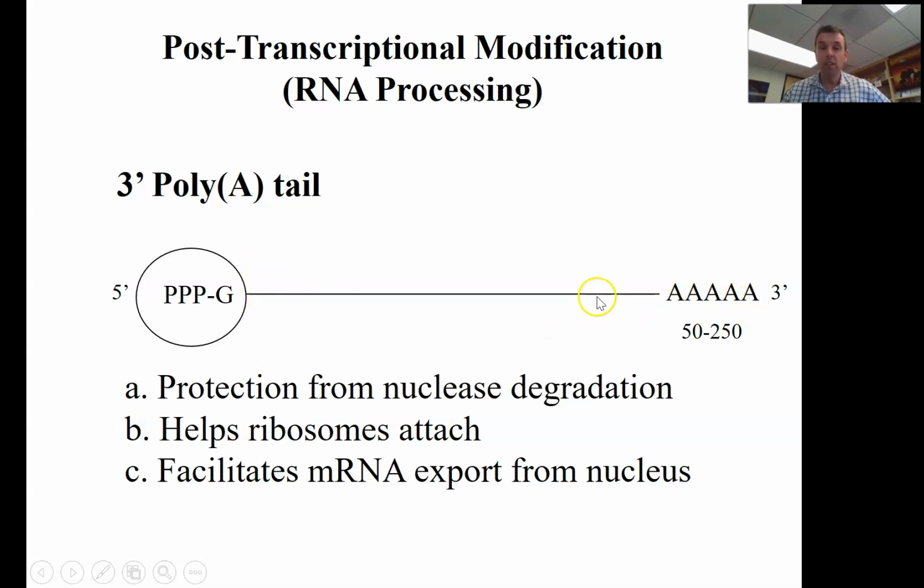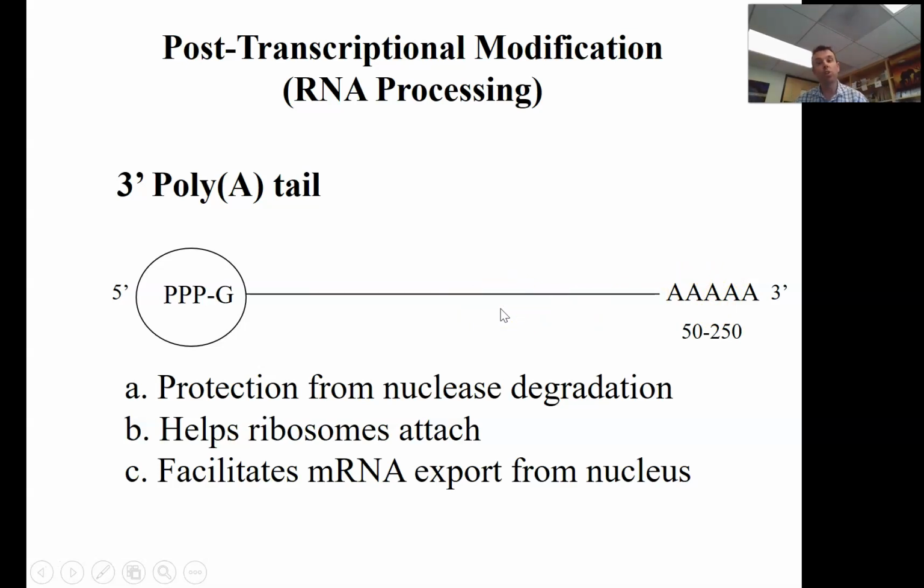This region here is the important region that has the code for our protein. So if we add this long poly-A tail, this long nonsense set of A's, we've basically given ourselves a huge buffer. It'll take quite a while for nucleases cutting these off one at a time until they get to something important.